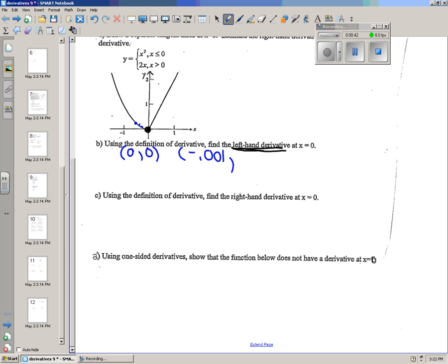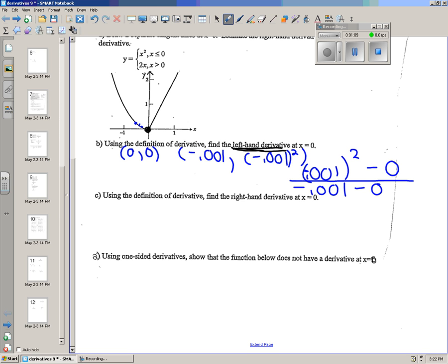0.001. And then the y value that goes with it, which I'd get by squaring it. Okay, so now to calculate the slope, as always, we do the change in y. So it's like the negative 0.001 squared minus, so the changes in y, divided by the changes in x.